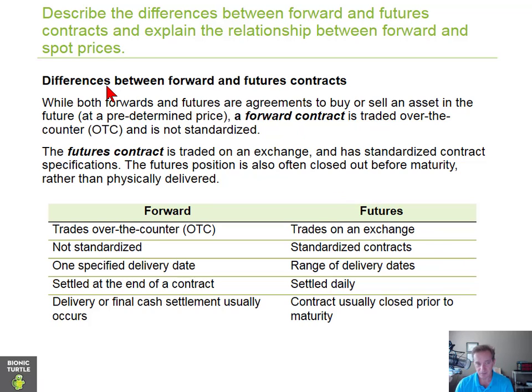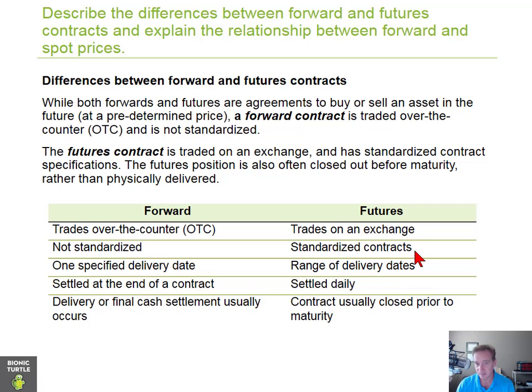We're asked about the difference between forward and futures contracts, somewhat thematic. It came up in a couple of chapters previous, so we've seen this before. I hope it's somewhat familiar. It's important to us. The futures contract trades on an exchange, and if it trades on an exchange, it offers liquidity to the different buyers and sellers.